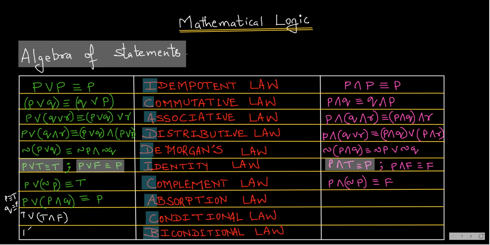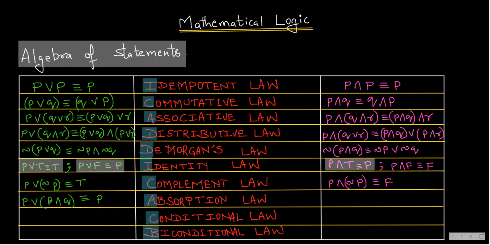That is equal to true or false, since true and false is false. What is true or false? True or false is true. And what was P? P was true. So the truth value of this whole thing is the same as the truth value of P.